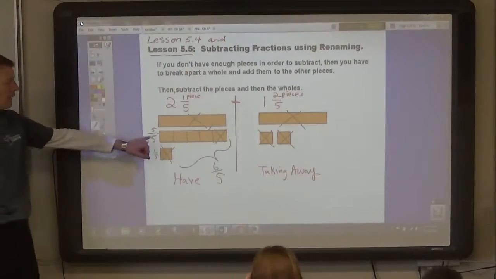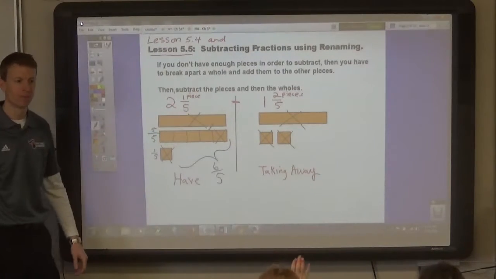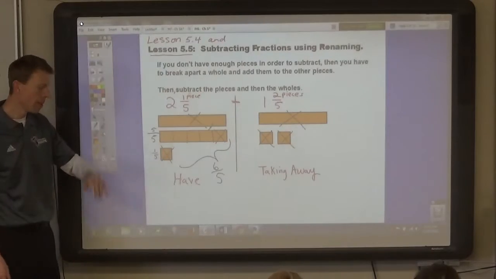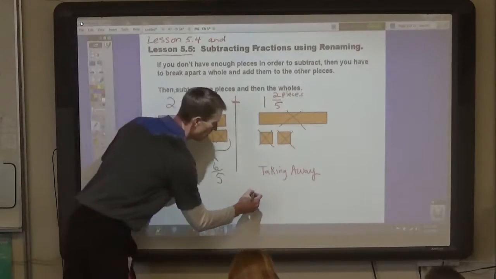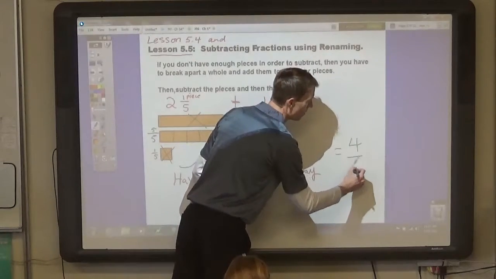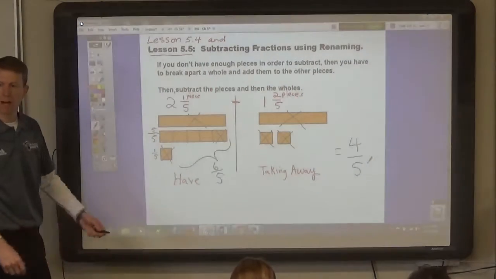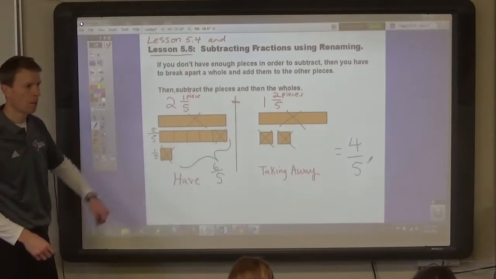Now, how many pieces are left? Count them up. 4 pieces, and they're all in fifths. So the answer is 4/5. That's how you use a model to explain this.